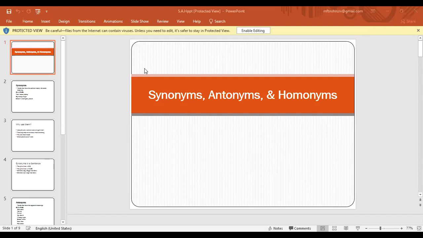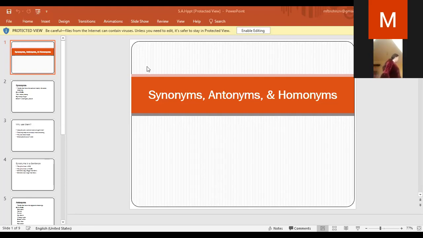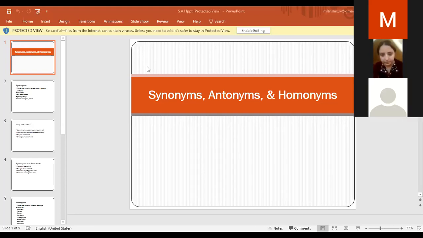What about antonyms? Antonyms have opposite meaning. For example, big, small.